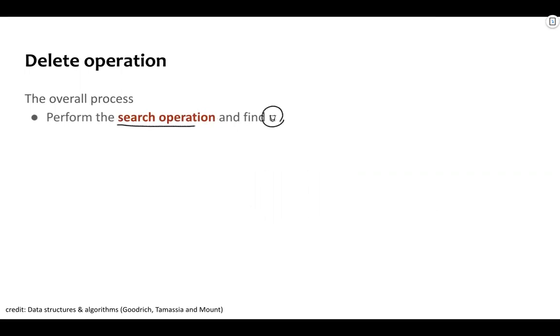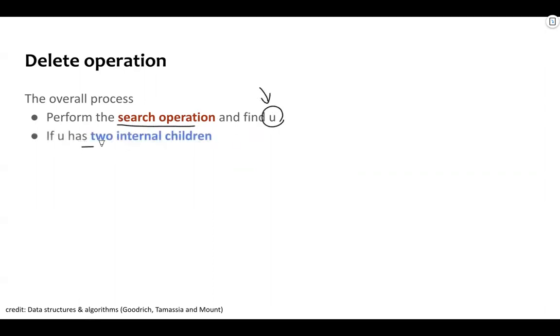And we're going to talk about deletion. As before, I'm going to describe the overall process first and then show you some examples. What we do is perform the search operation and then find U. Let's say U is what we want to delete.